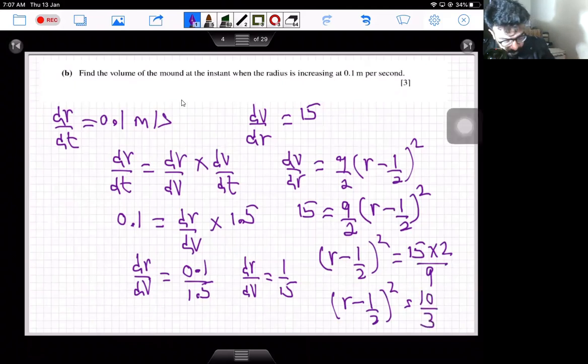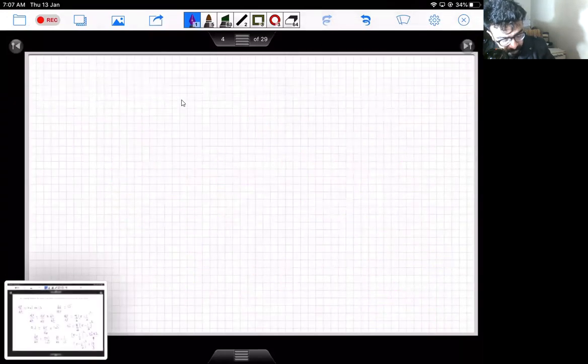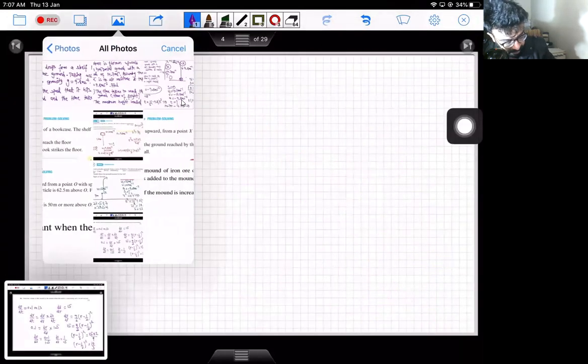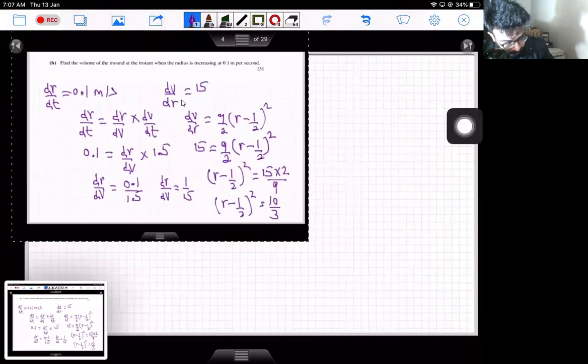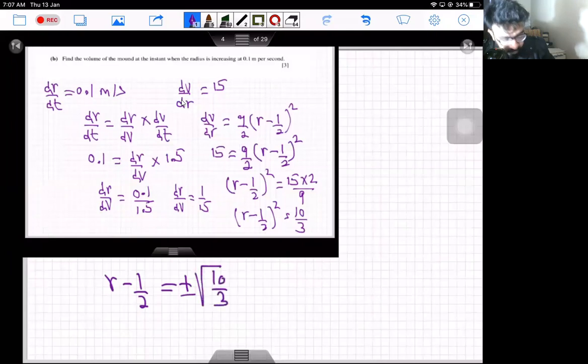All right, so now what you need to do is find the value of r. And if you take square root on both sides, r minus half is equal to plus minus the square root of 10 over 3. We can find the exact value of r. So r is equal to half plus minus the square root of 10 over 3.